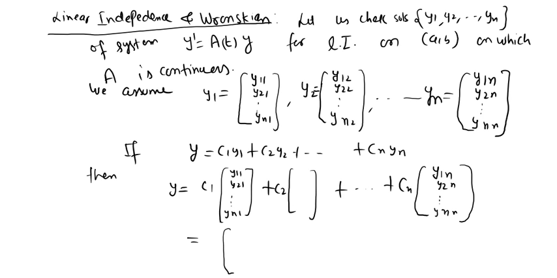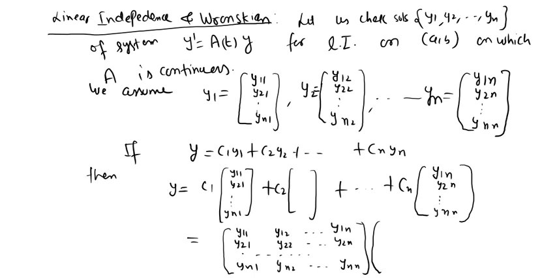Collect everything together. The first row will be y11, y12 up to y1n, then y21, y22, y2n, and so on, the last row yn1, yn2, ynn. This matrix is multiplied by the column vector c1, c2 up to cn.